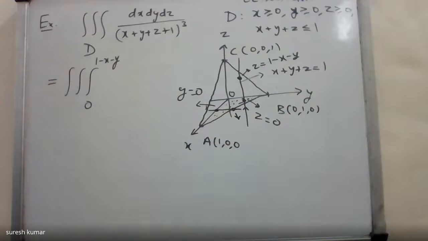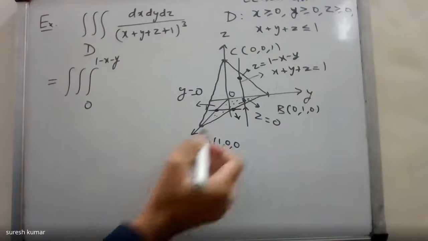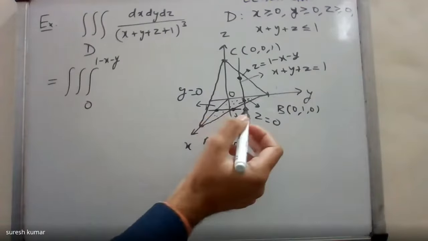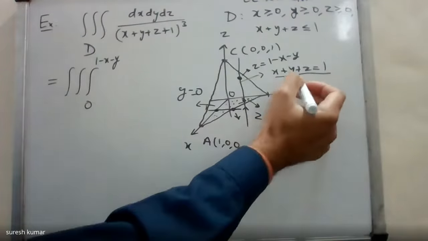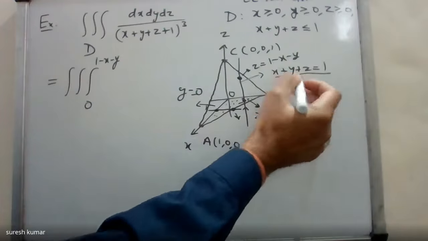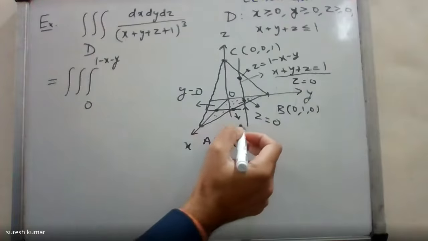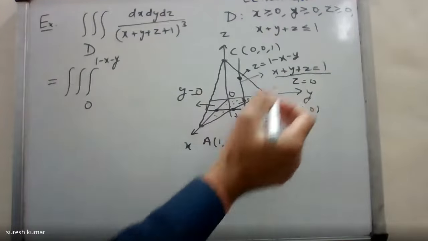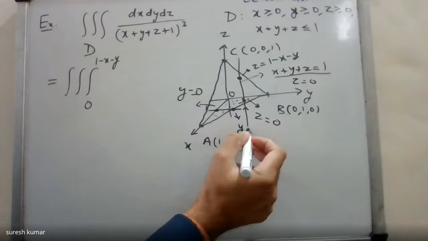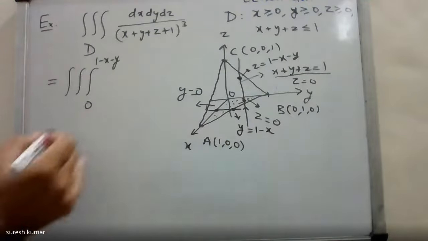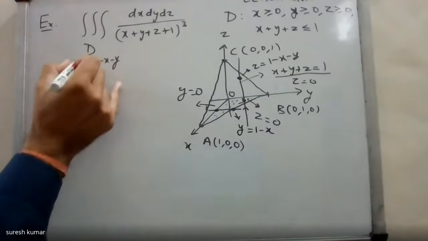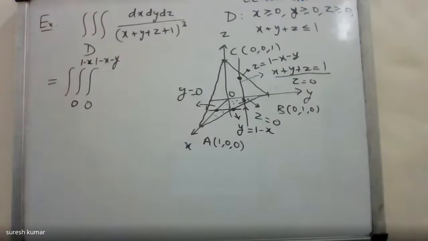The side AB. This line AB is the intersection of this plane and xy plane where z is 0. So what is the equation of this line? x plus y equal to 1. So what do we get? y equal to 1 minus x. Clear? So y limits are from 0 to 1 minus x.